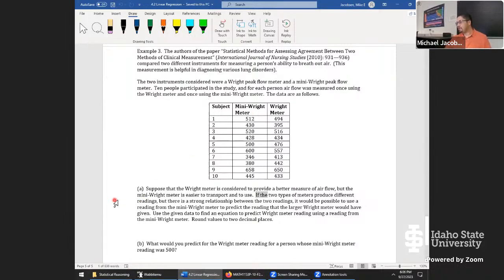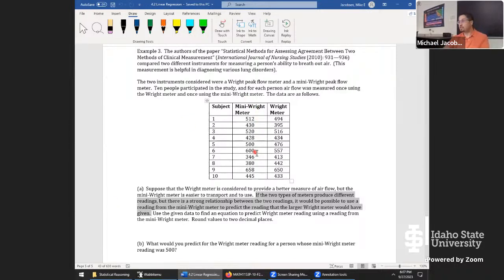It says, if the two types of meters produce different readings, but there is a strong relationship between the two readings, it would be possible to use the mini Wright meter to predict the reading that the larger Wright meter would have given. So imagine you're in some remote location, you allow people to use a mini Wright meter.